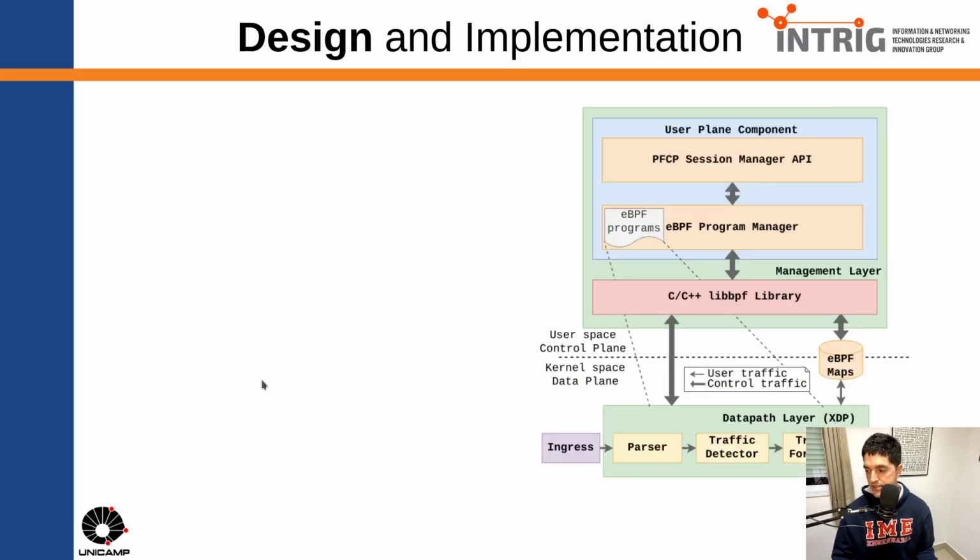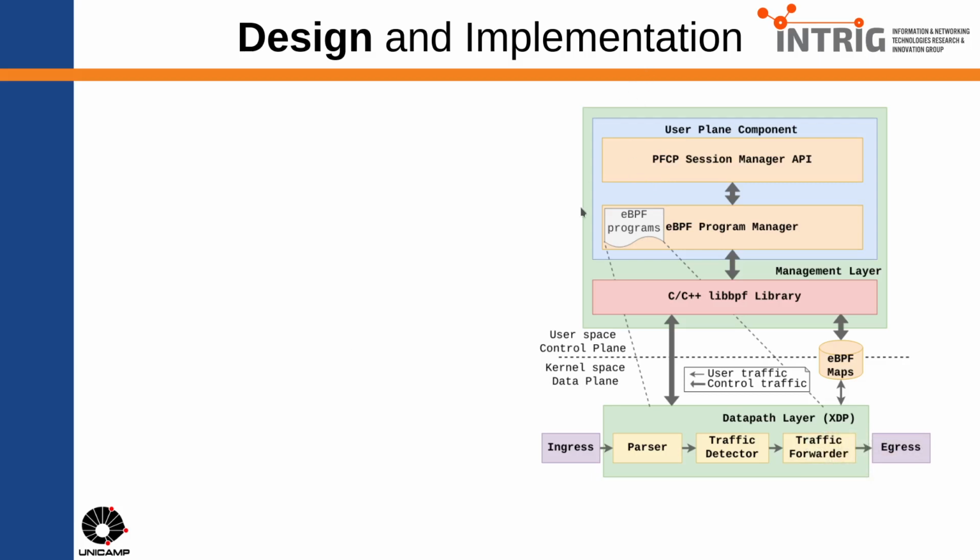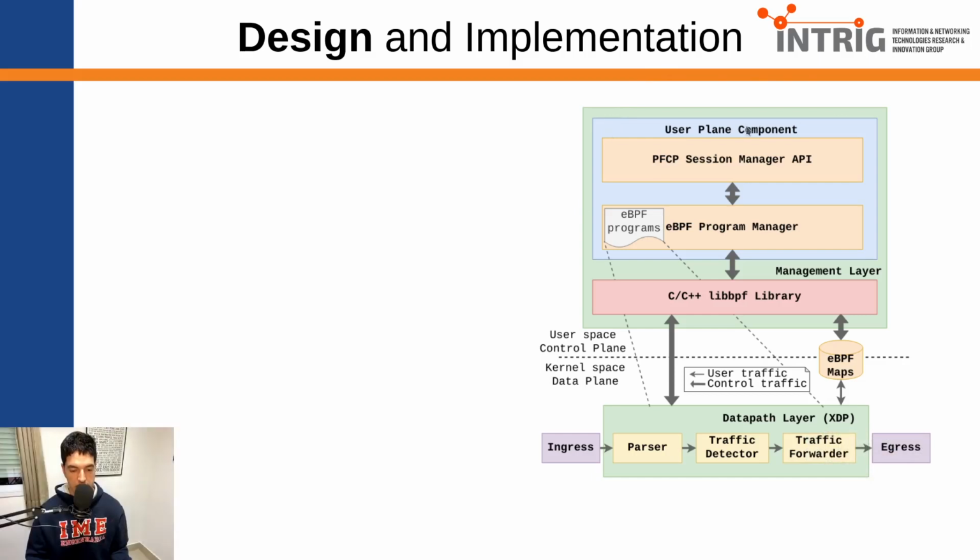And here, as we can see, we have the high-level design of the implementation. Here we have the management layer and the data path layer. The management layer is responsible to receive the PFCP session creation request and load the programs into the kernel.